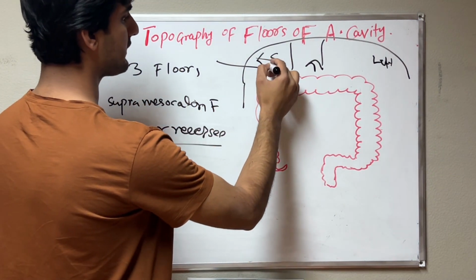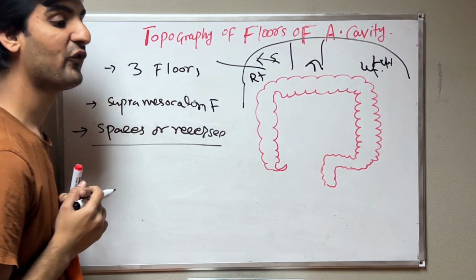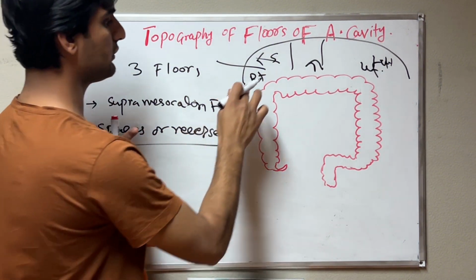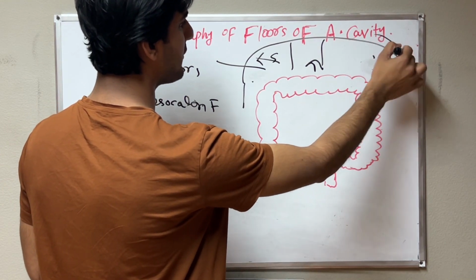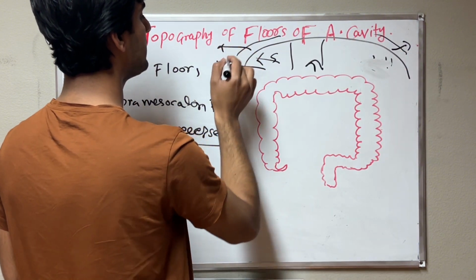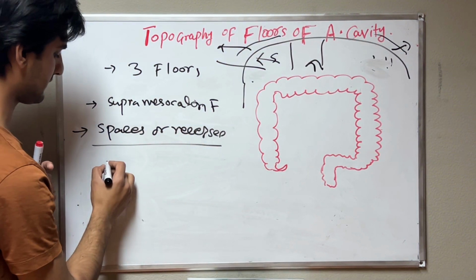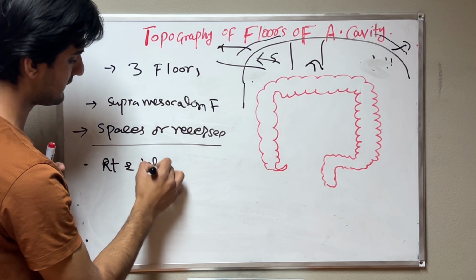Here we have the right and left subphrenic spaces, the spaces between the peritoneum and above the liver.